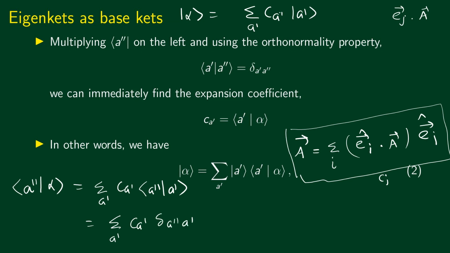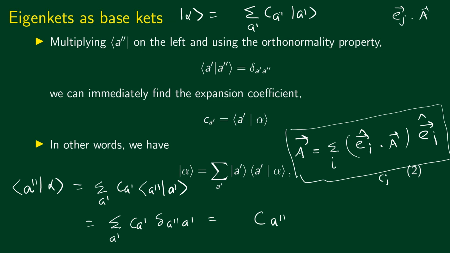Again, in the summation, the only non-zero term corresponds to a prime equal to a double prime. Here a prime is a summation index. So the only non-zero term here, because of the Kronecker delta, corresponds to a prime equal to a double prime. So this is equal to C a double prime.